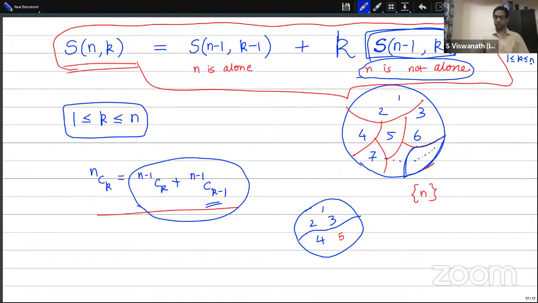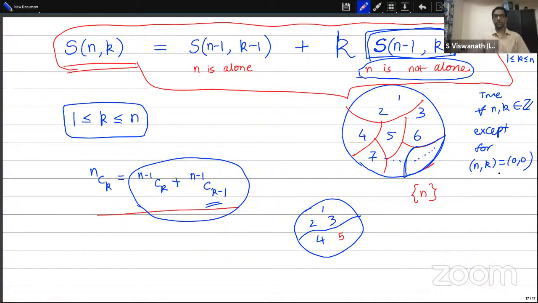But in fact, what you must check is that this is true for all n, k in Z, except for 0, 0. Remember we defined 0, 0 differently. If n, k is 0, 0, the left hand side will be 1, and the right hand side is 0. So other than that case, for all other choices of n and k, this recurrence is actually true.